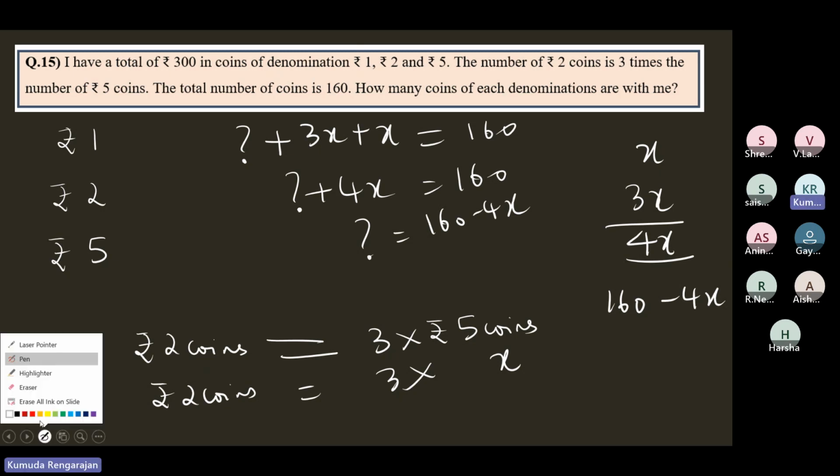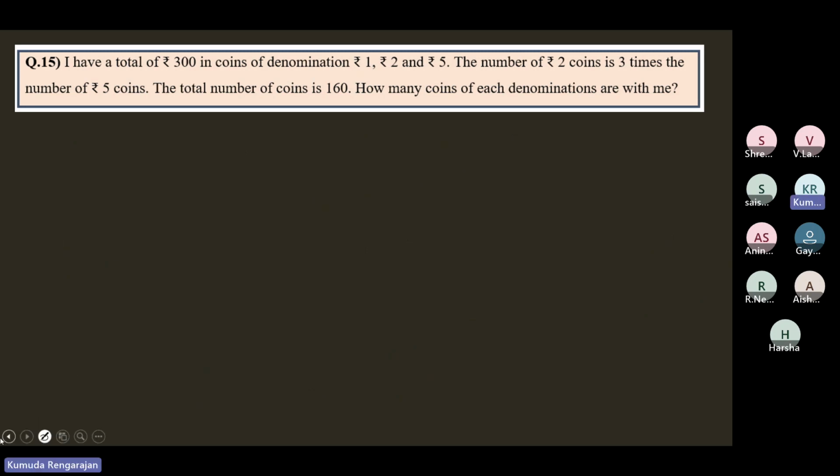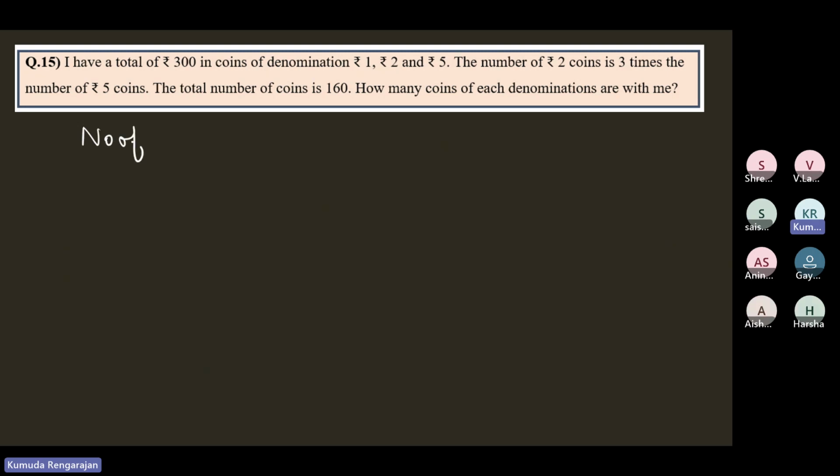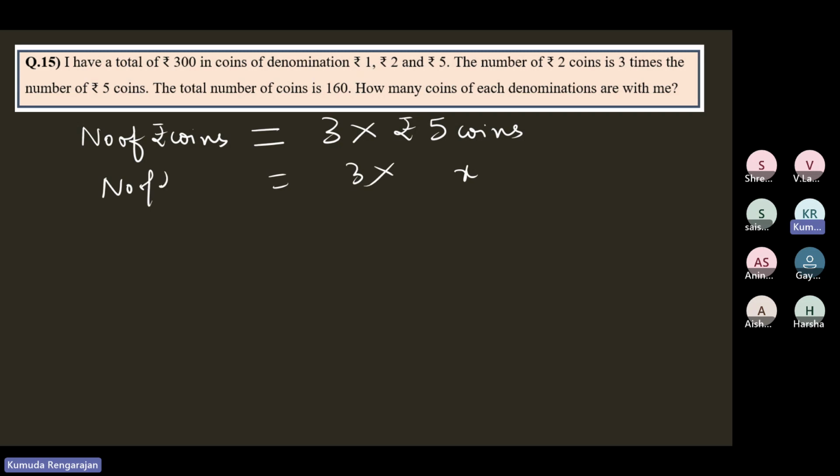We're going to see the same thing again. It's given that the number of 2 rupee coins is equal to 3 times the number of 5 rupee coins. So if the number of 5 rupee coins is X, then 3 into X is the number of 2 rupee coins.